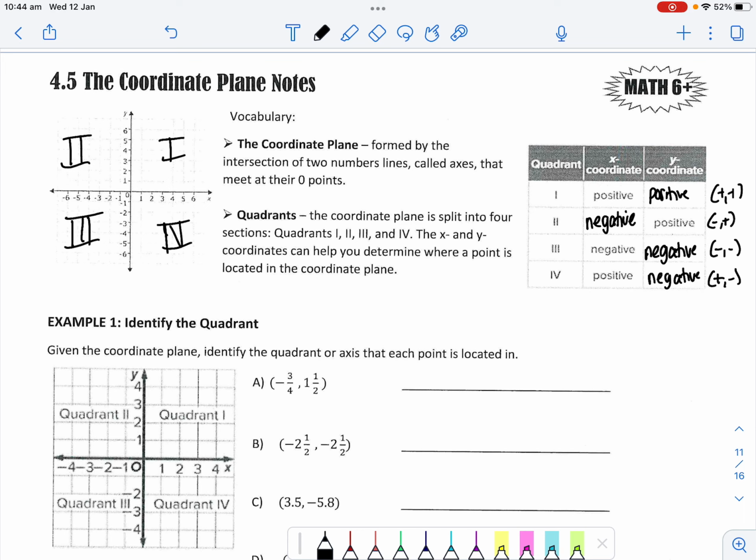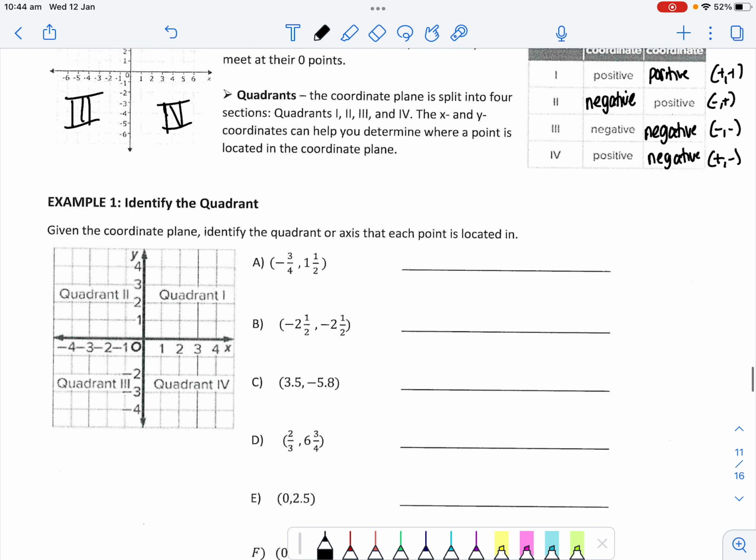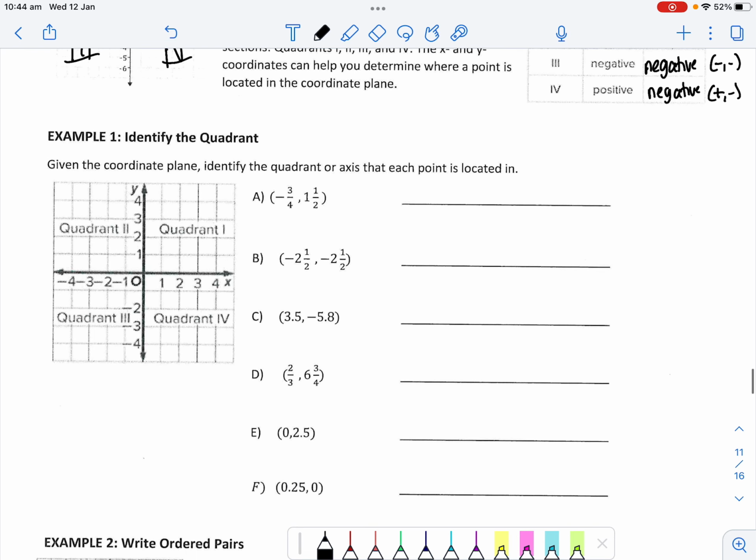So in the first example, all we're going to do is identify the quadrants that these points are located in. We're not actually going to plot the points. We're just going to give the location. So again, quadrant 1 is plus plus, quadrant 2 is minus plus, quadrant 3 is minus minus, and quadrant 4 is plus minus.